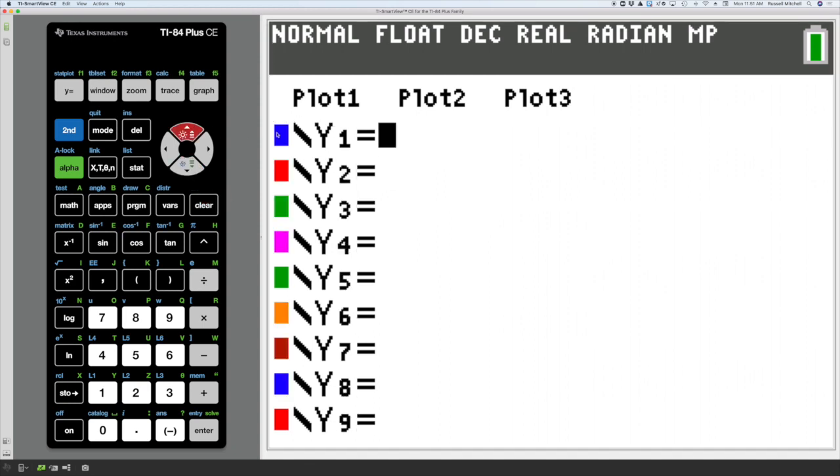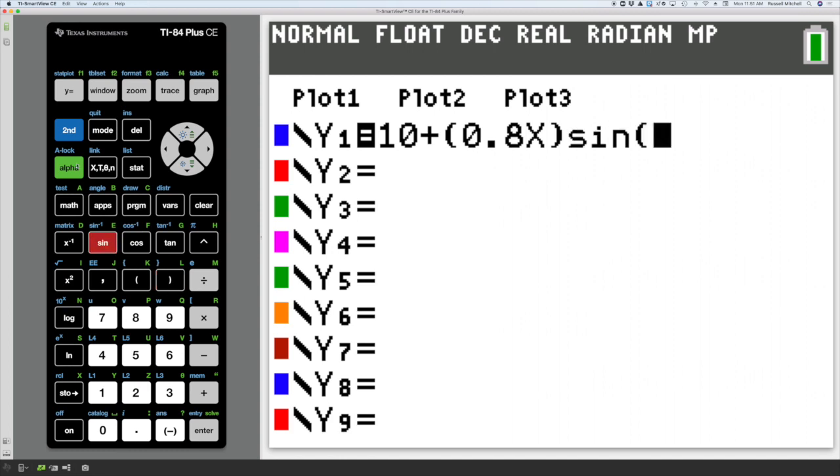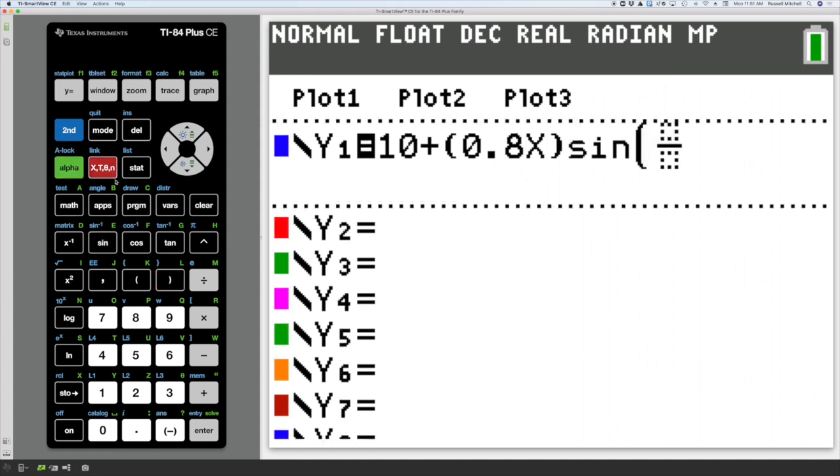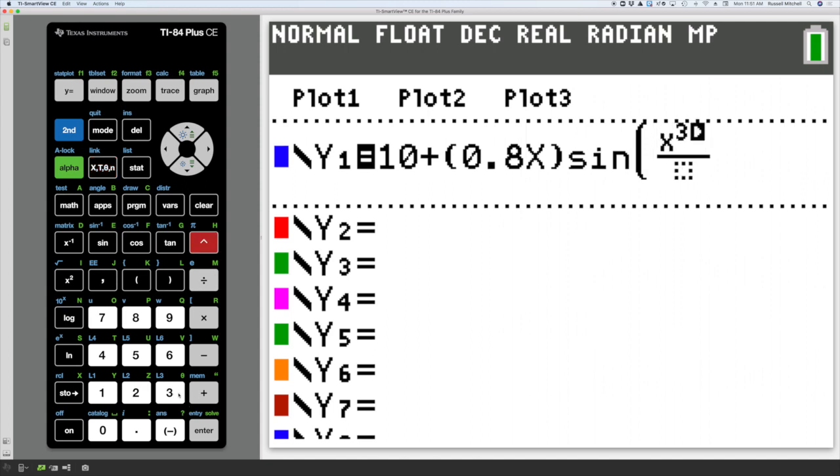We want to type in f of t, which was 10 plus, and then a parenthesis, 0.5 t, but in this case we have to use x because of our graphing calculator, close the parenthesis, and then sine, and then alpha x to get the fraction bar, and then x cubed over 100.